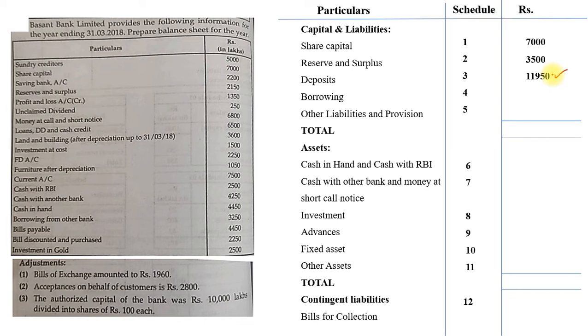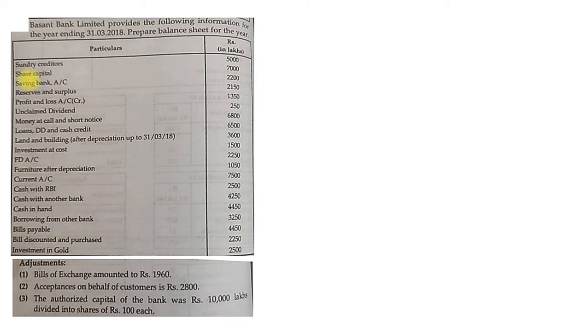Next is borrowings. Under borrowing, we have to search if the bank has made borrowing in any other banks. So let us see schedule number 4. See, share capital has been done. Saving bank is done. Reserve is done. Profit and loss is done. FD is done. Current account is done.